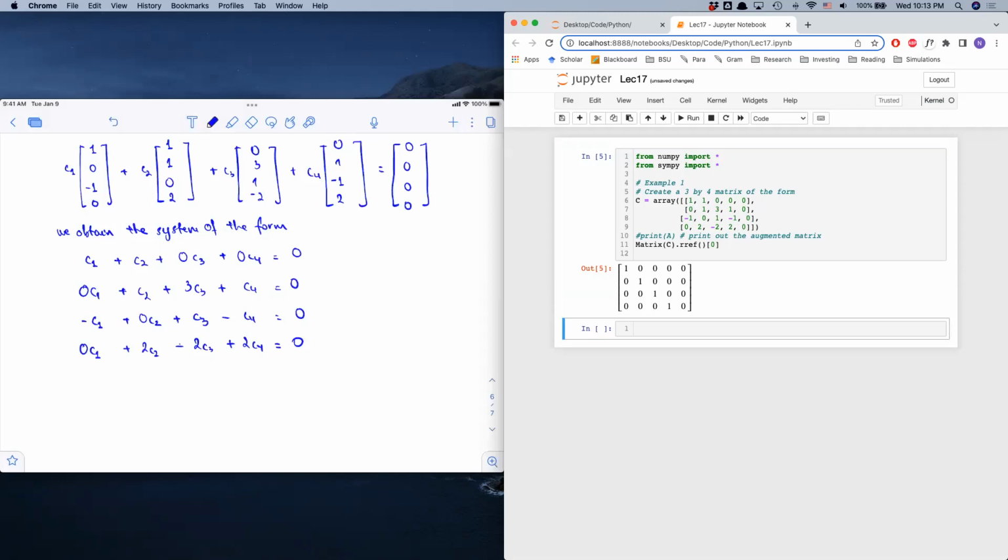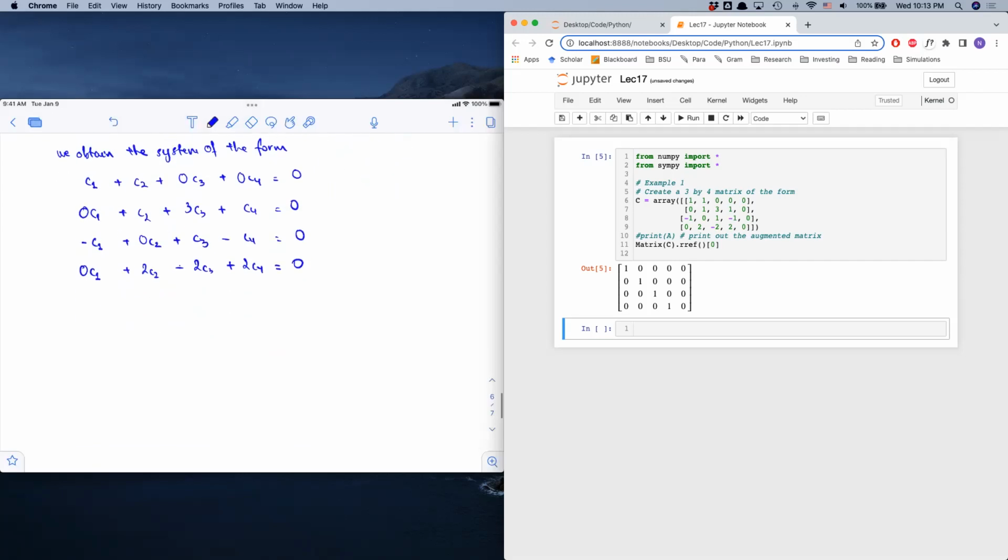All right, so we're going to hit Shift Enter, and this is the reduced row echelon form. You can see that C1, C2, C3, and C4 are all equal to 0, which means that we obtain the trivial solution. So using Python, we obtain the trivial solution for the system.